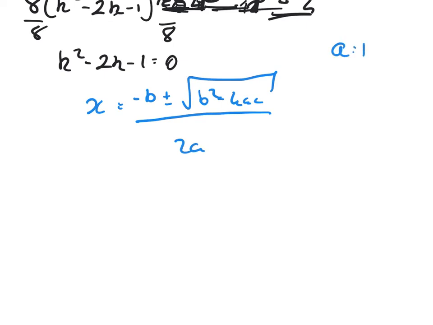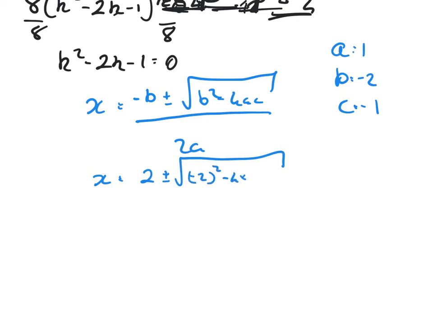A is equal to 1, B is minus 2 and C is minus 1. So if B is minus 2, minus B would be 2, plus or minus the square root of (minus 2) all squared minus 4 times 1 times minus 1, all over double A. That's double 1, that's 2.